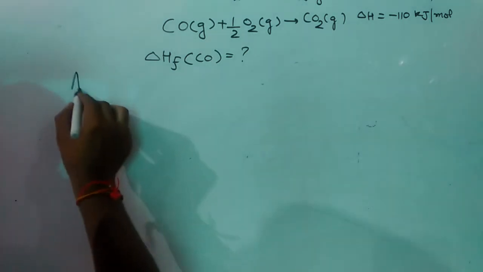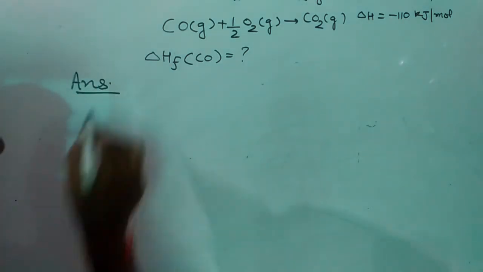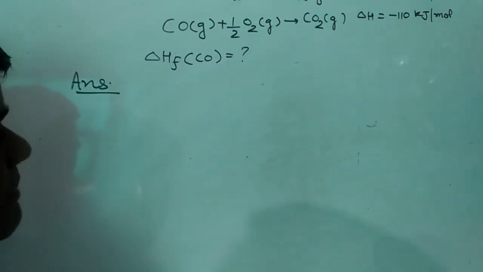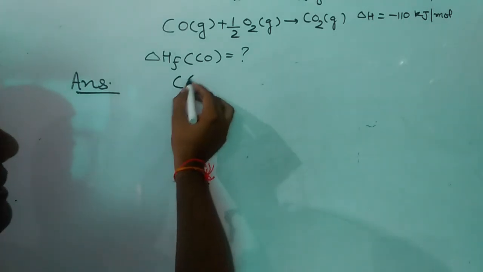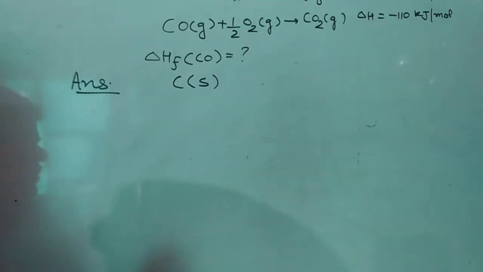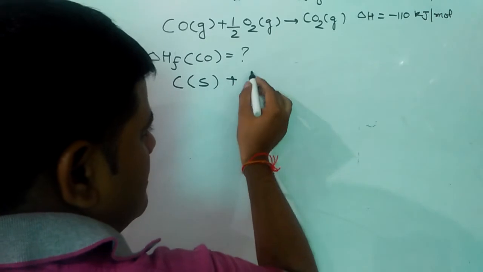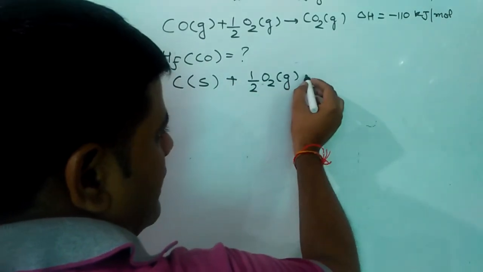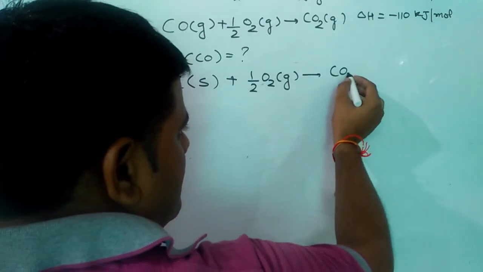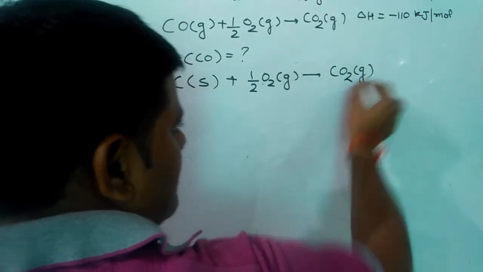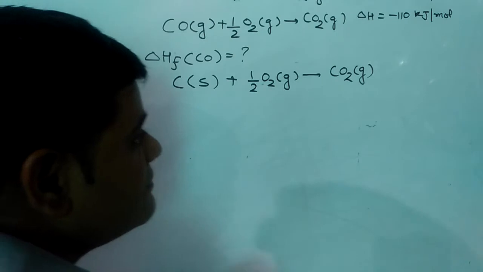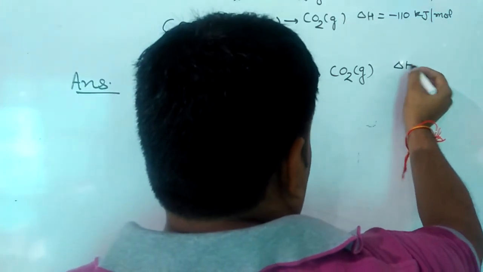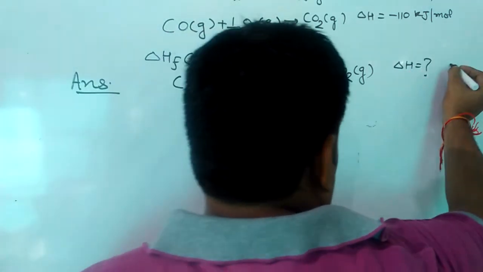For that, first of all, we have to write down the equation to form carbon monoxide from carbon and oxygen. That equation will be carbon in solid state plus half of oxygen in gaseous state gives carbon monoxide. Here we need to find out the enthalpy of formation. This is equation first.